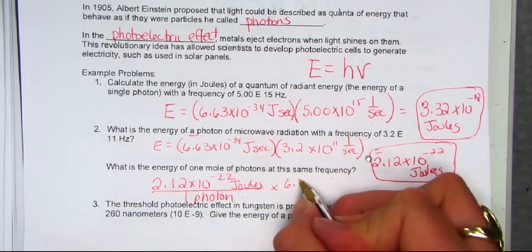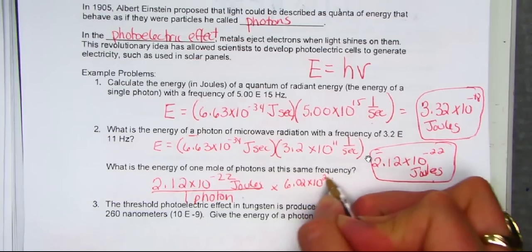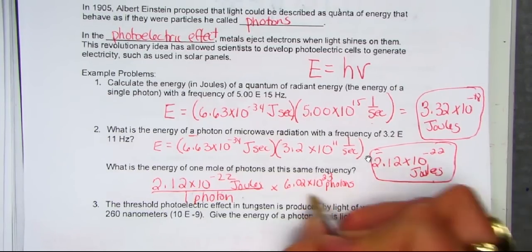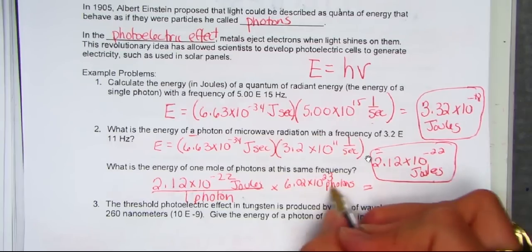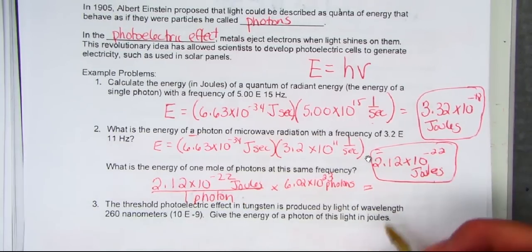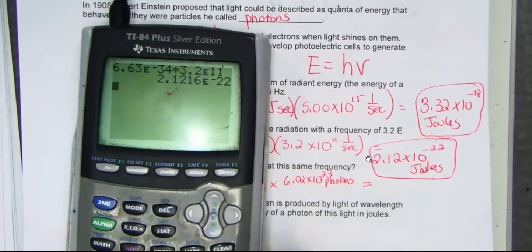Suppose we have an Avogadro's number of photons. Photons then cancel. If that's joules for 1 photon, all we have to do is multiply that value by Avogadro, and we'll have how much energy for every mole of photons.